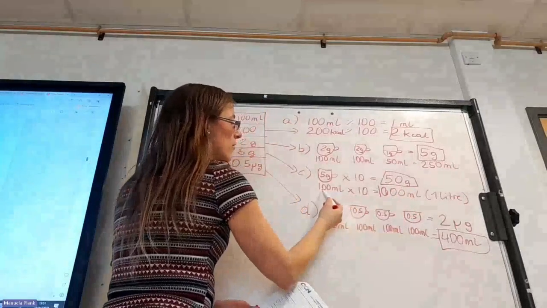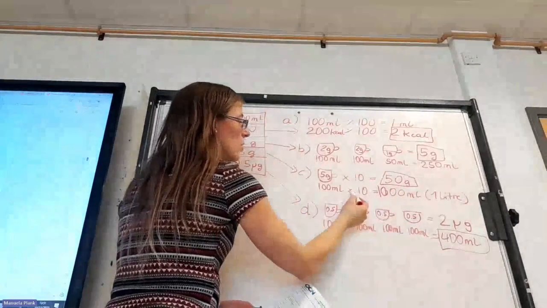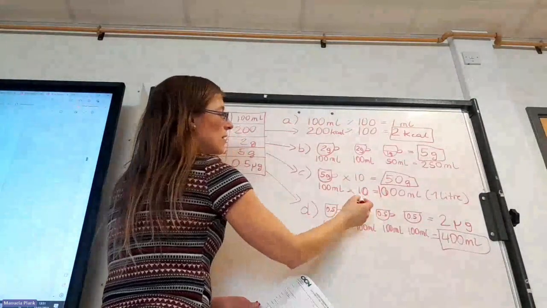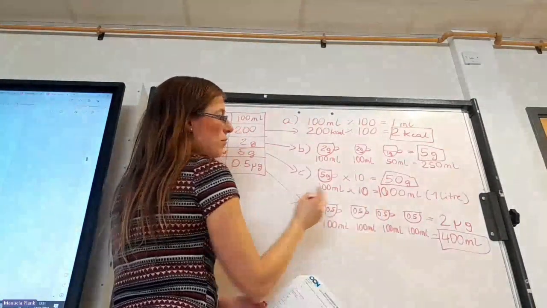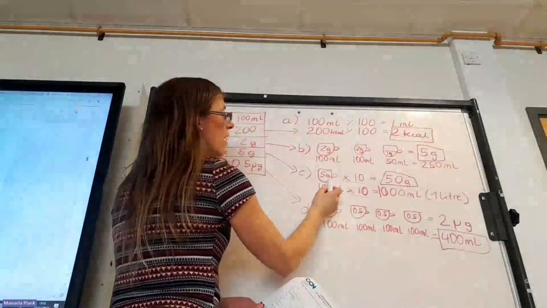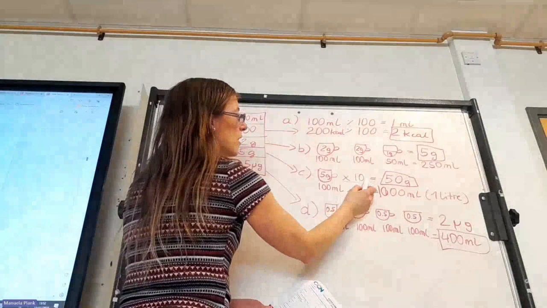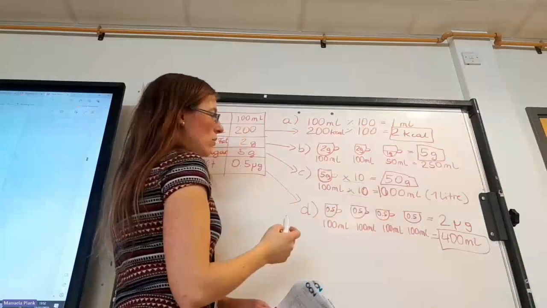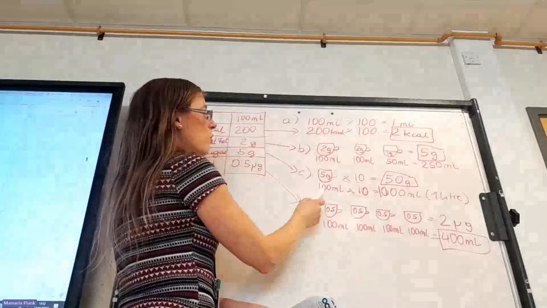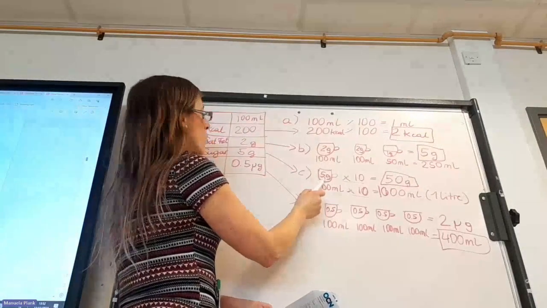And how do we get from 100 to 1,000? Times 10. So that is the missing link. So we take that link and put it up here. 5 grams times 10 equals 50 grams, which is quite clear because if you drink 1 cup, you only consume 5 grams of sugar.